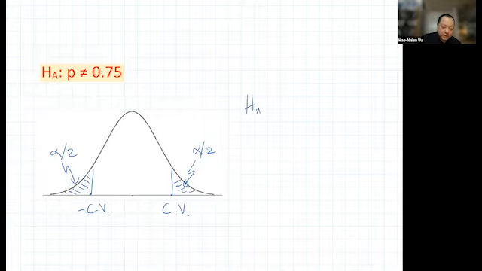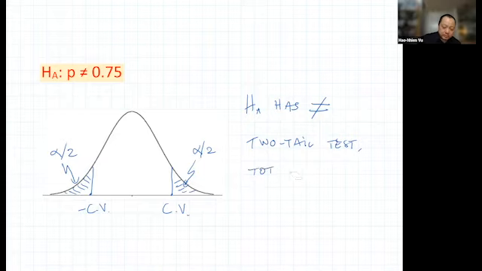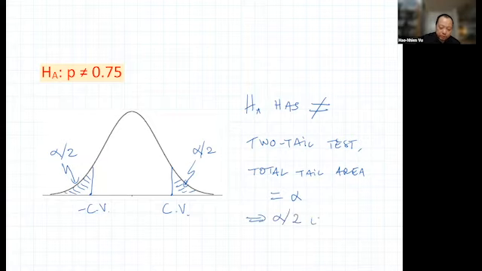When HA has the not equal sign, it's a two-tailed test with a total tail area of alpha. And if the total tail area is going to be alpha, it will be alpha over 2 in each tail.